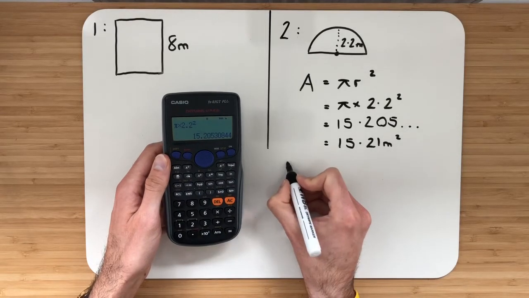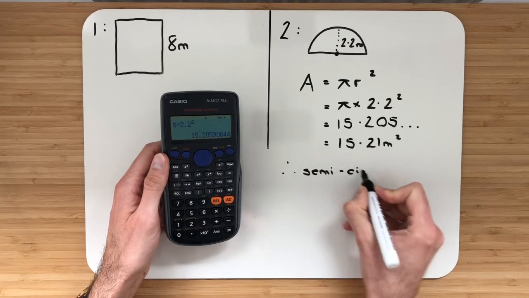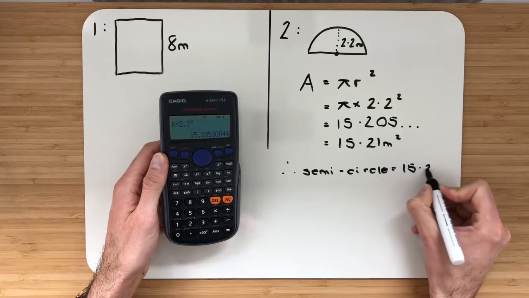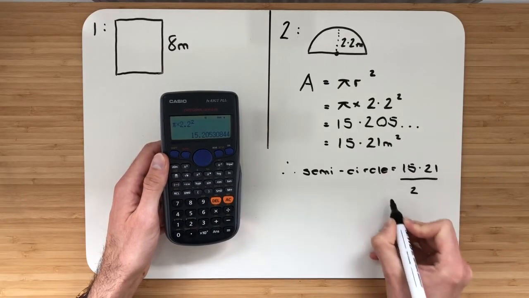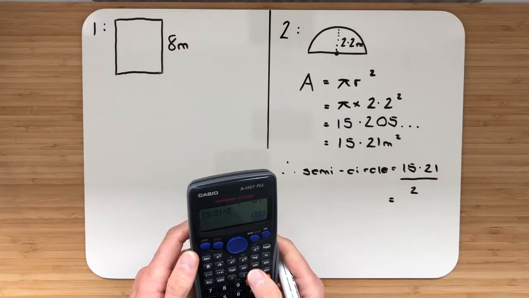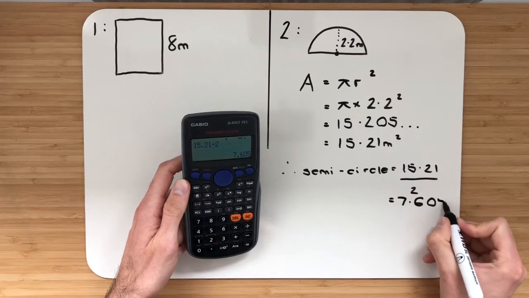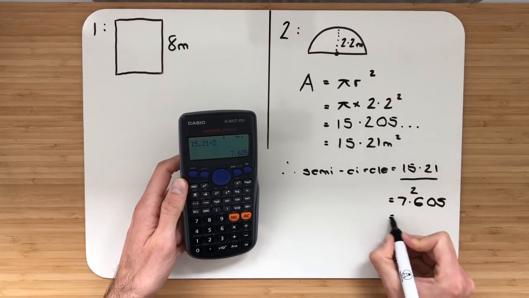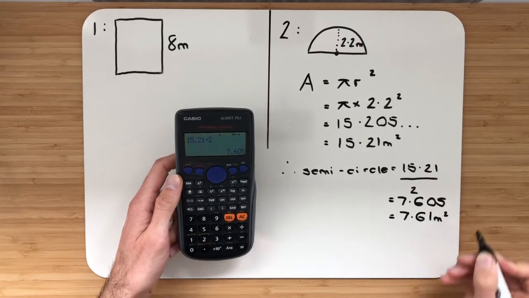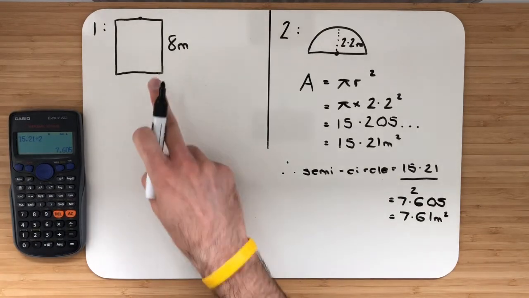That's my full circle, so therefore the semicircle is 15.21 divided by 2. So I'll take my 15.21 divided by 2, and I'm going to get 7.605. Same thing again, let's round to 2 decimal places, 7.61 square metres.